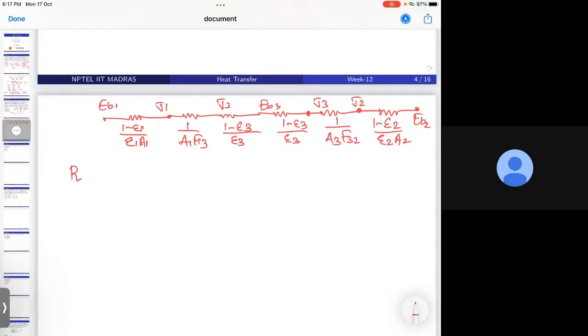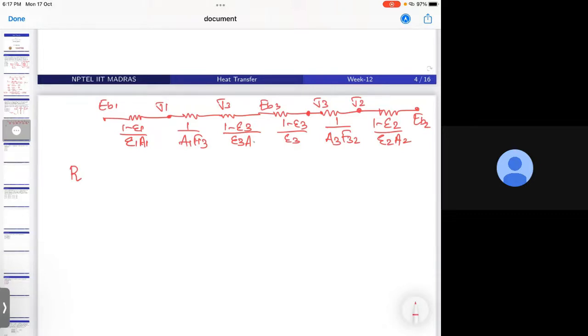As it is a parallel plate, we will be calculating the flux. All these areas will be equal and we can take them outside. So we will be calculating the net flux.